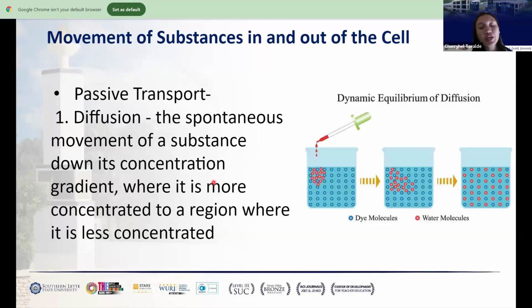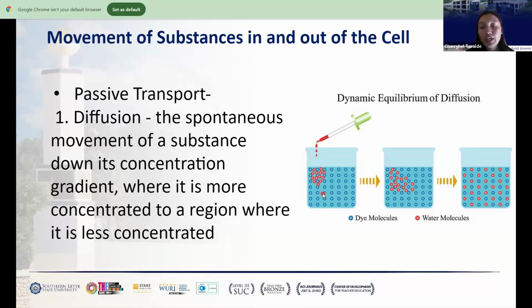Okay. So we have a very simple demonstration here. Let's say we have a dye or food coloring. First, you put blue food coloring.